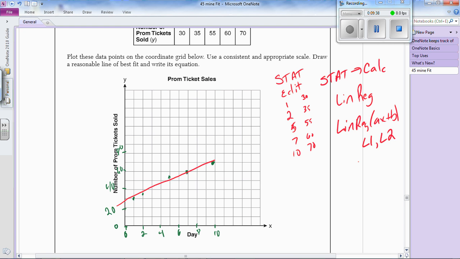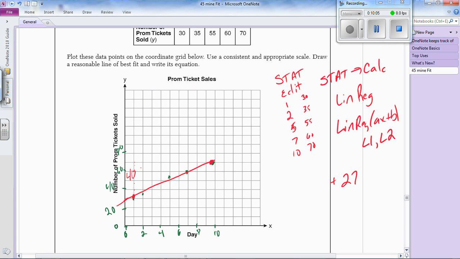Now I'm going to try to do my best at this equation. If I take this point, and I take this point, first of all, my y-intercept is somewhere around 27, because it's passing somewhere around here. And if I go up from 30 to 70, that's 40.